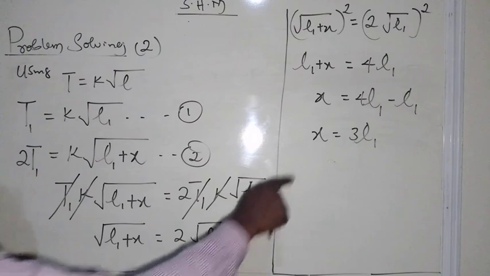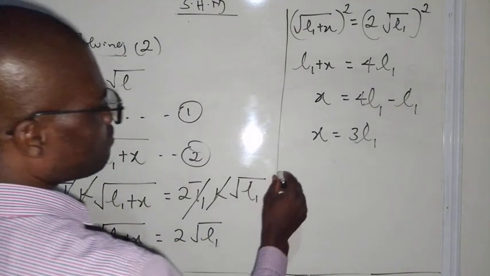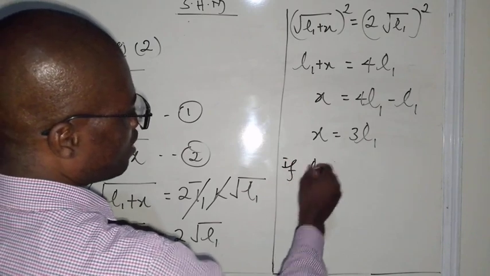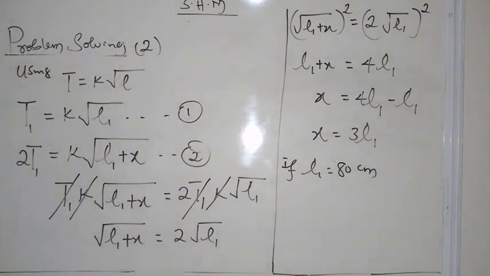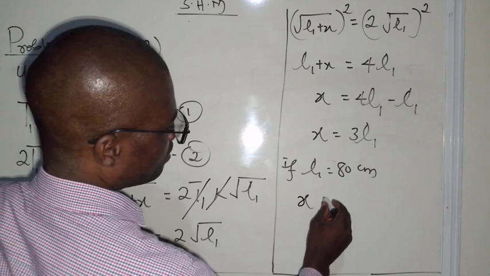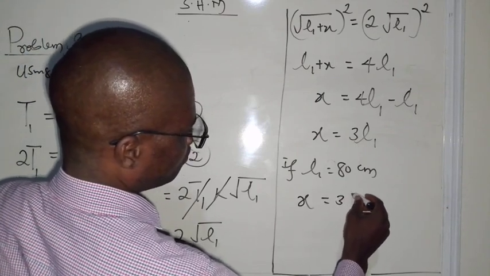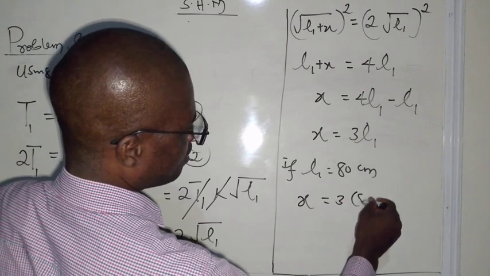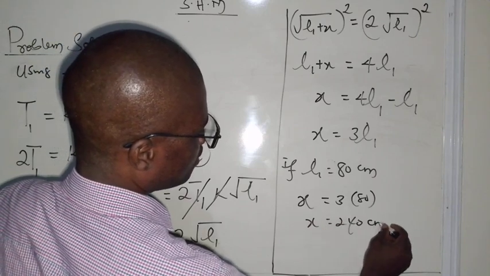So x is a multiple of the first length. Take for instance, if L1 is 80 centimeter, the condition that will make the period double is by adding x equals 3 multiplied by L1, that is 3 multiplied by 80, so 240 centimeter.